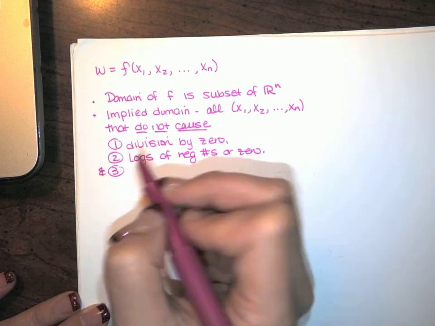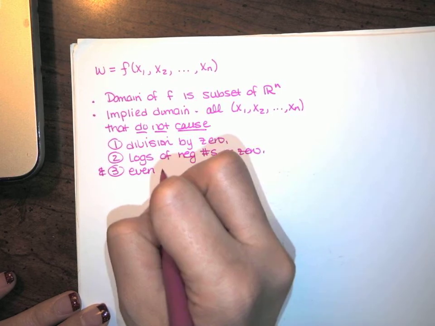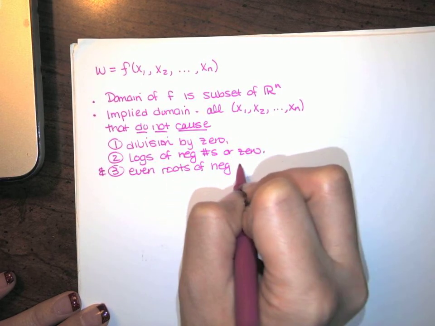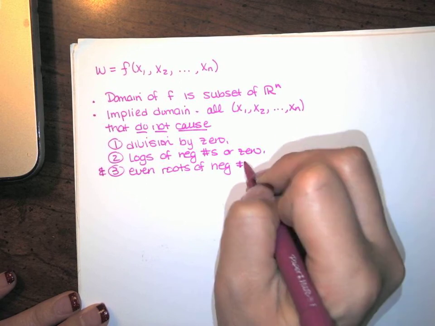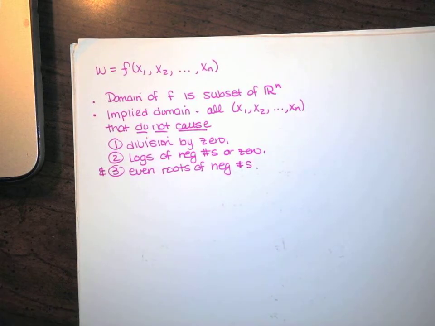We also don't want to take even roots of negative numbers, square root, fourth root, sixth root, because those are complex numbers, and although those are fine numbers, these are functions of real variables here, and we want our inputs to be real numbers and our outputs to be real numbers.